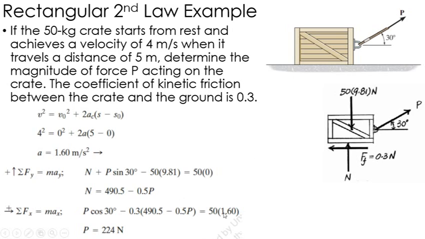And that equals the mass times the acceleration in the x direction, which I found initially to be 1.6 meters per second squared. So the only unknown in this equation is P, so I can just do algebra and find P is 224. That's the force that I need in order for the crate to move with 1.6 acceleration, which is what it needs to do in order to be going 4 meters per second after 5 meters.